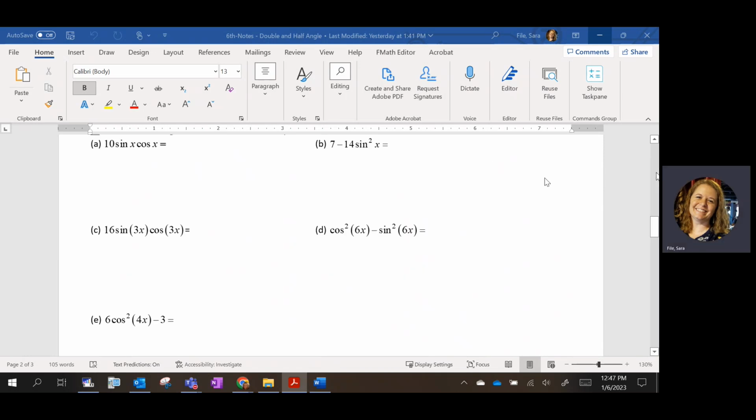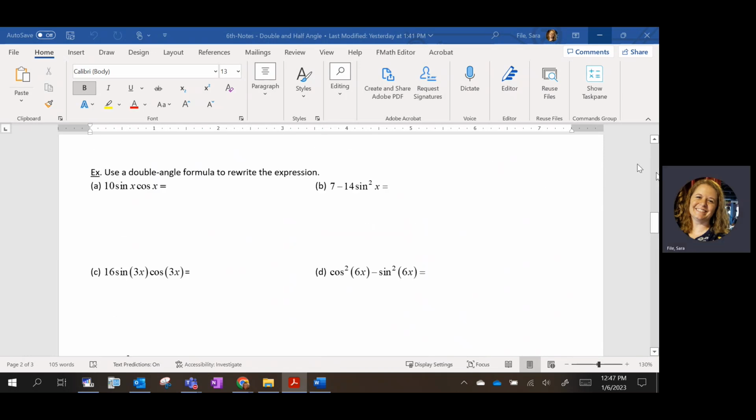In these several examples, parts of this example, you'll notice that it doesn't match exactly what the double angle identity looks like, but they're really close, right?